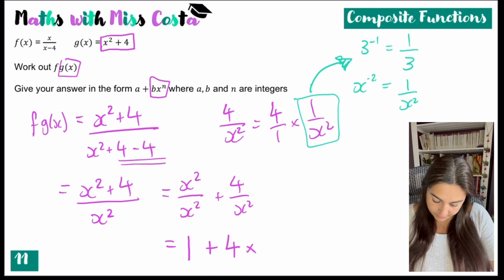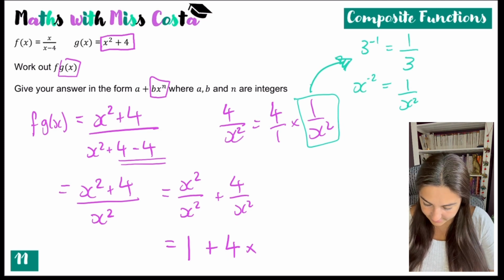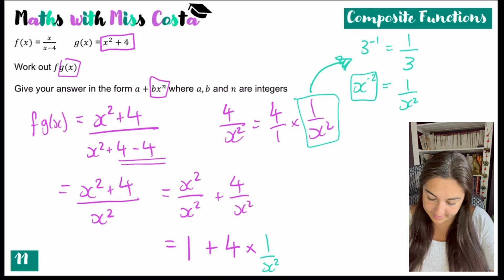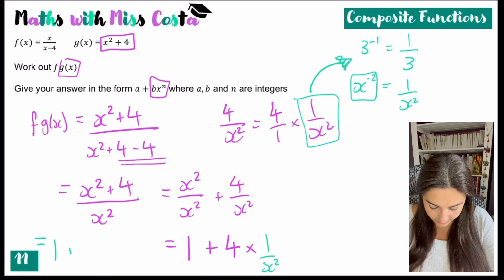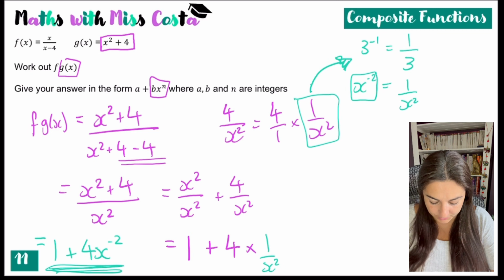So I could write that as 4 times 1 over x squared, which I've said can be written as x to the power of minus 2. So our final bit would be 1 plus 4x to the power of minus 2. And that's how you'd do that one.